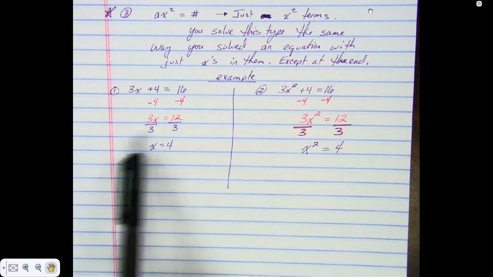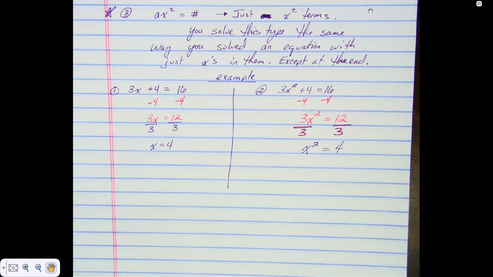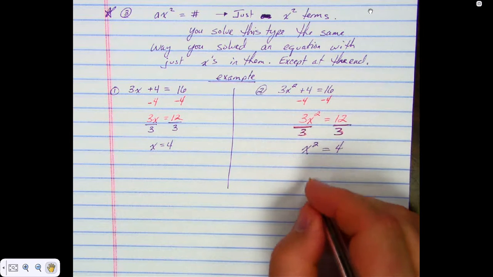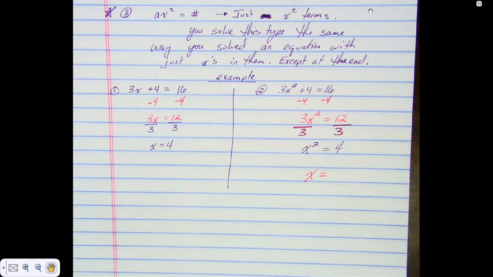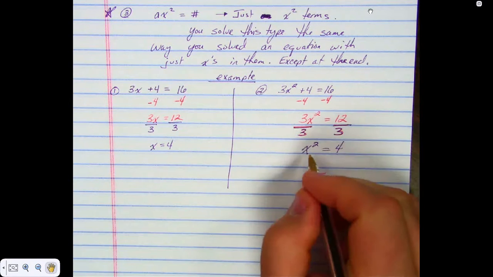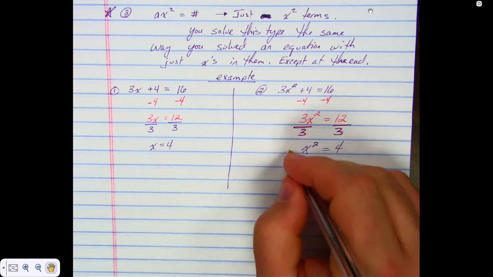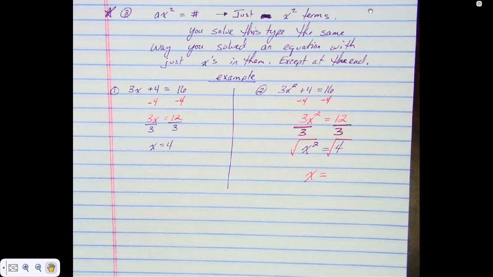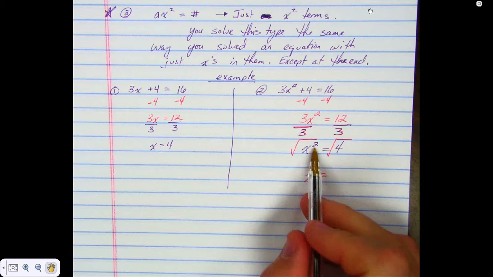The difference is this. Here we have x squared equal to, here we have x equal to. You don't want to know what x squared is equal to. You want to know what x is equal to. So at this point, you have one thing left to do, and that is take the square root of both sides. Now, remember when I told you that the x squared means there's going to be 2 answers?